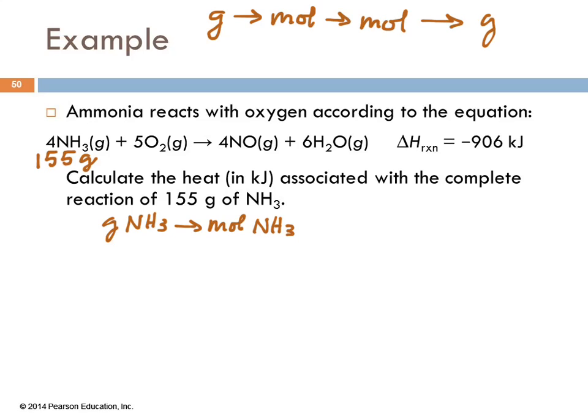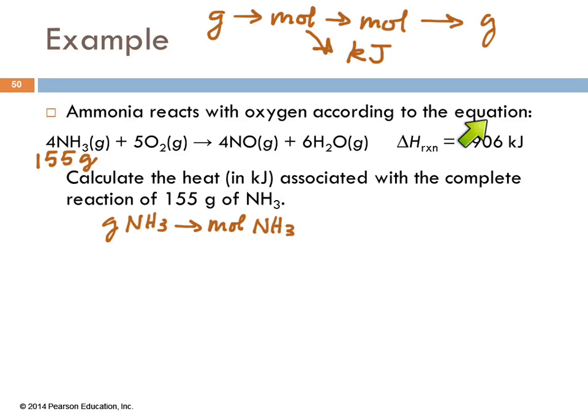We're going to see that there's variations. We've already seen a variation with solution stoichiometry, right? We had volumes instead, and we had concentrations. And we did some things with moles or volumes of gases as well. This is another variation. Here, if we start with grams of ammonia and go to moles of ammonia, we can actually take a little shortcut and go directly to kilojoules.